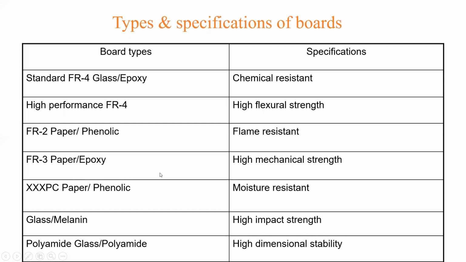FR3 paper epoxy, this is the high mechanical strength. Triple X PC paper phenolic, this is the moisture resistance. Then glass melamine, this is the high impact strength. And the polyimide glass polyimide, it is high dimensional stability. So these are some board types and their specifications. We must know the types of the board and what the specifications of that are.